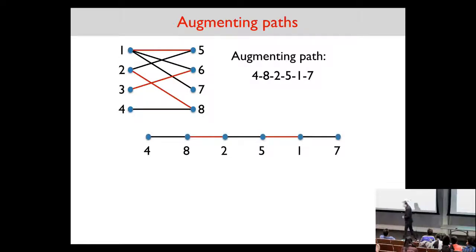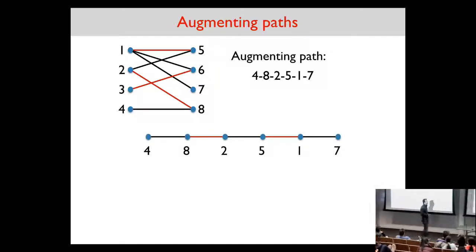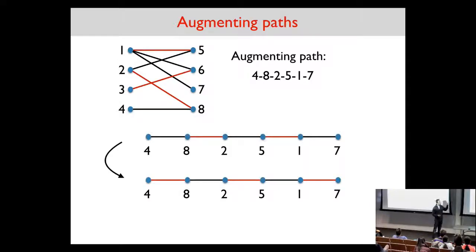Now suppose I find an augmenting path, like the one I just found in this graph. What can I do? Yeah, you just flip. You say, I am going to switch the matched and the unmatched edges, just like this. Now these are going to be the matched ones, and the previous matched ones are not going to be in my matching.